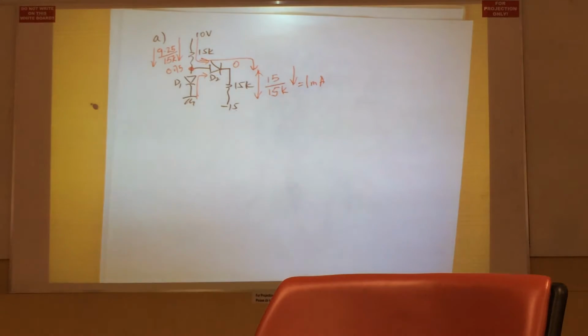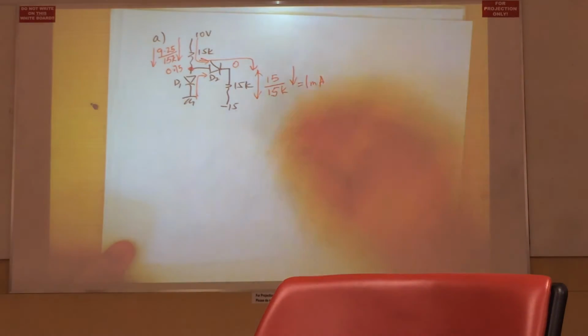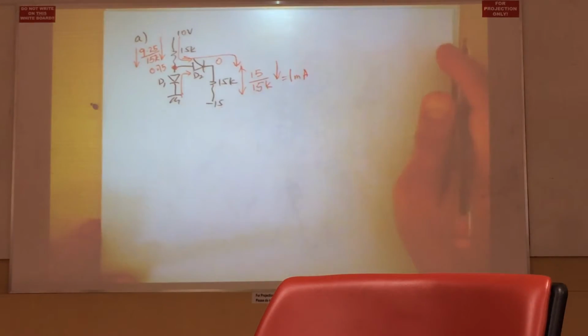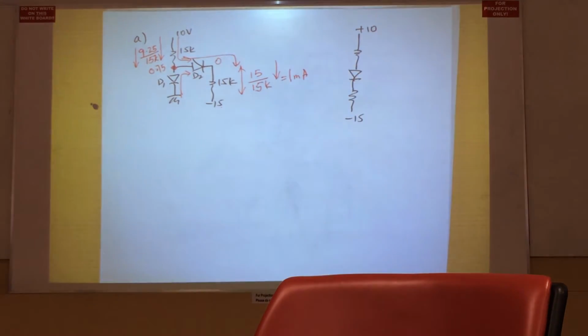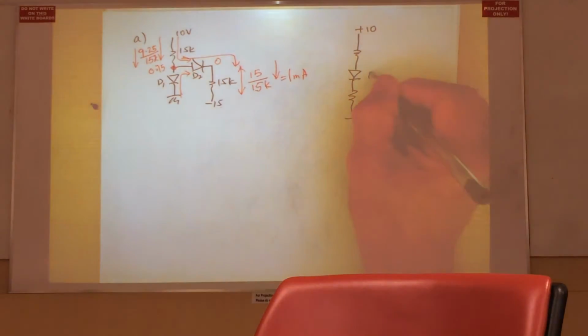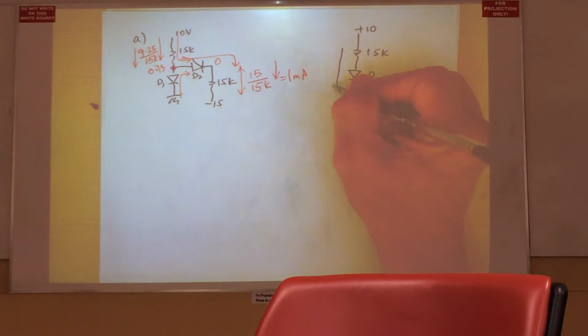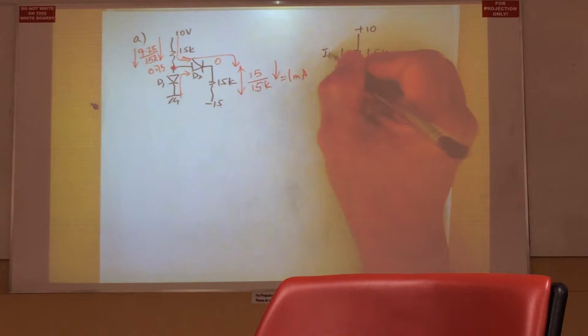And because of this, we can now redraw this circuit. Because only D2 is conducting, D1 is off, so we can remove D1 from the circuit, treat it as an open circuit, and therefore only D2 appears in your circuit with your two resistors now. And based on this, we can find the current that's flowing here, which is ID2.